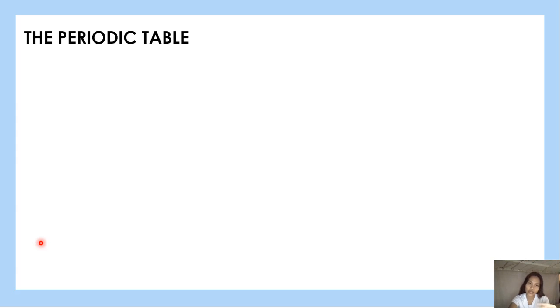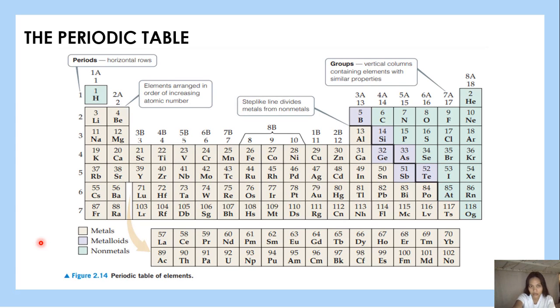So let's view now the periodic table, and let's review the basic notable properties of our periodic table. We have here the periods, or the horizontal rows, and then the groups, which are the vertical columns.